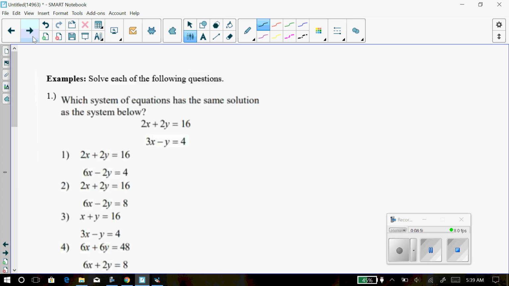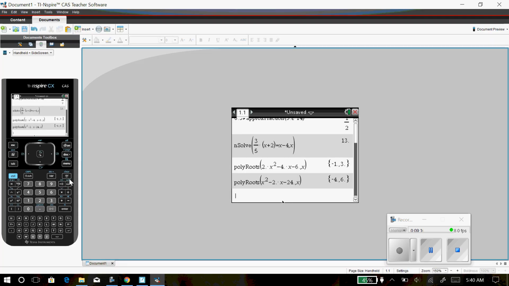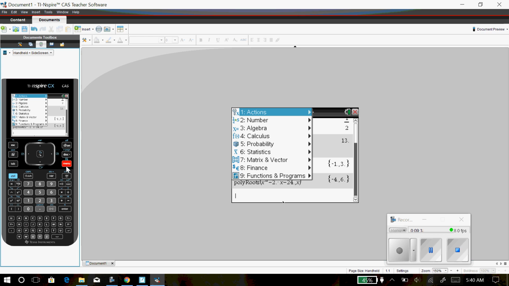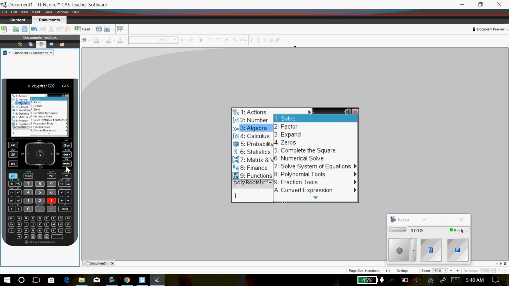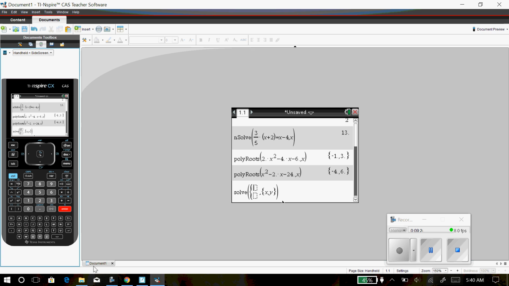This problem says which systems of equations has the same solution as the system below. Let's first use our calculator to figure out what is the solution to the set of equations. So I'm going to go to Menu, Algebra, Solve Systems of Equations. Perfect.